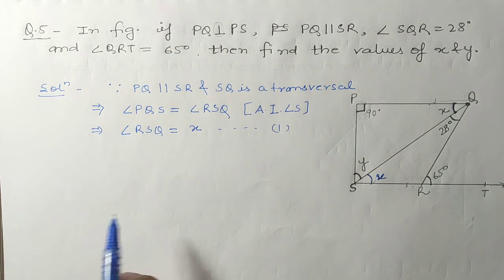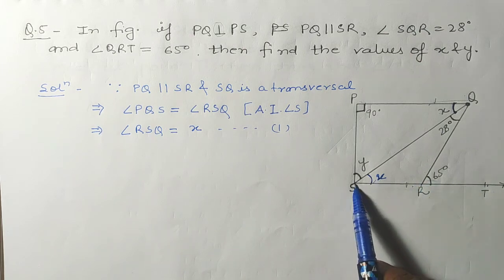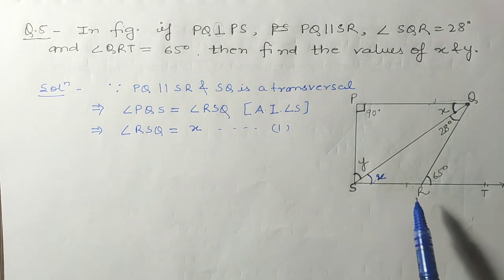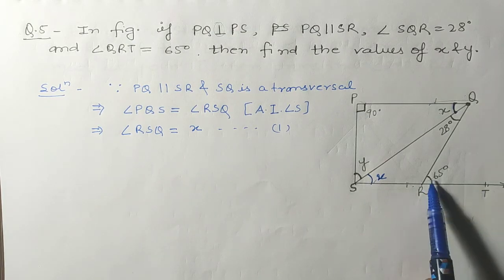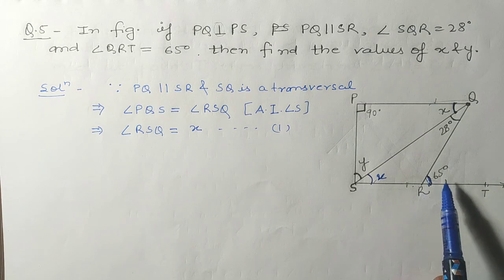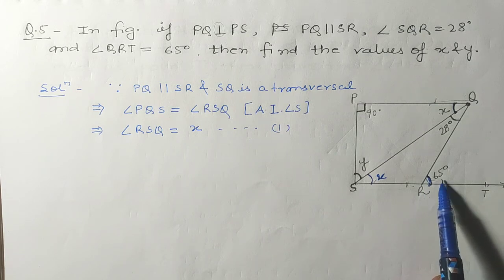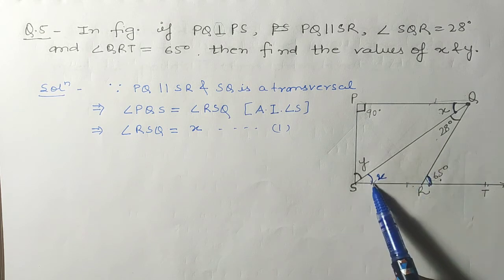If a side of a triangle is extended, see in this triangle QRS, side SR is extended to T. So this will be its exterior angle. So what is the exterior angle property? That this angle will be equal to the sum of the two opposite interior angles.